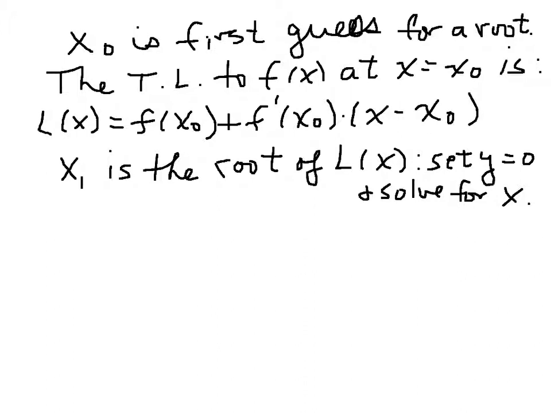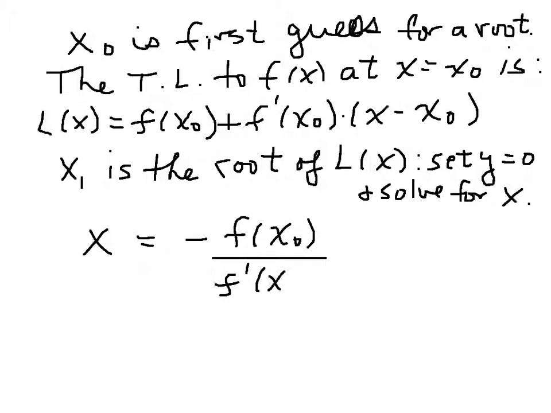What we're going to get is x is equal to minus f of x sub naught over f prime of x sub naught plus x sub naught. Now this is the 0 of the linearization. It's the next guess, and so we denote that by calling it x sub 1.